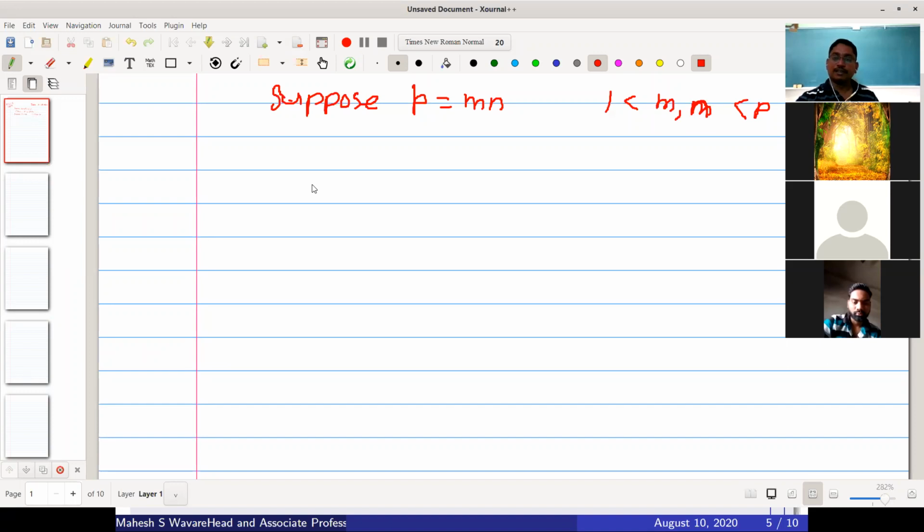There is a number less than p such that that number times 1 becomes 0. That we are going to do here. So you are assuming that p is the composite number m times n. Now you take element a as m times 1. What does it mean? 1 plus 1 plus 1, how many times added? It is added m times.